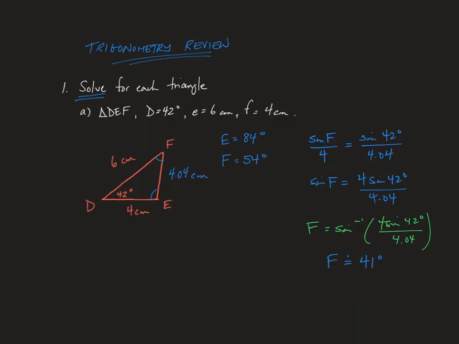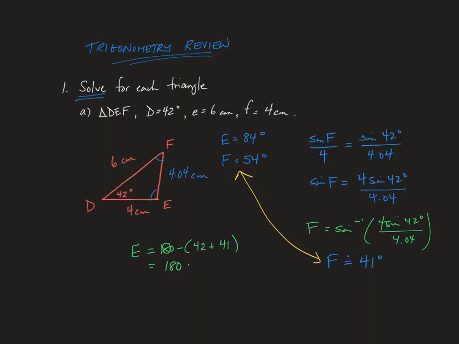Okay, wait a second then. I want you to notice that right off the bat, we have different answers. Now, if I was to continue through on that process and wanted to find angle E, I know that angle E is 180 minus the sum of the other two.